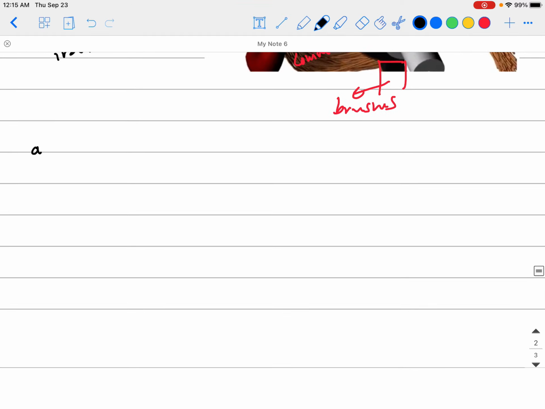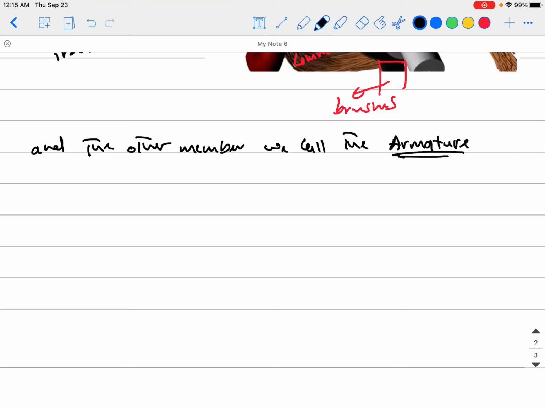And continuing here, okay, the other member we call the armature. And what is this armature?